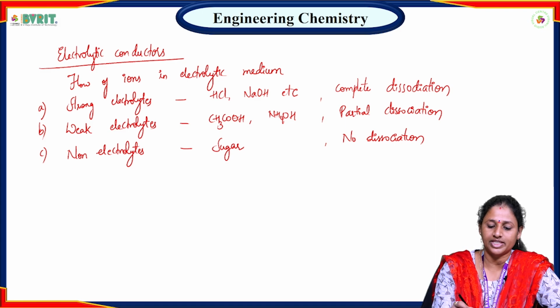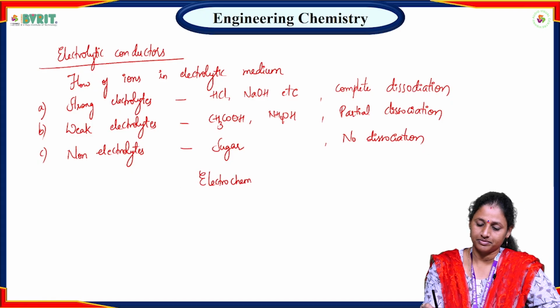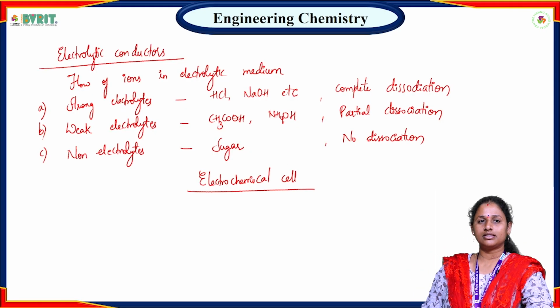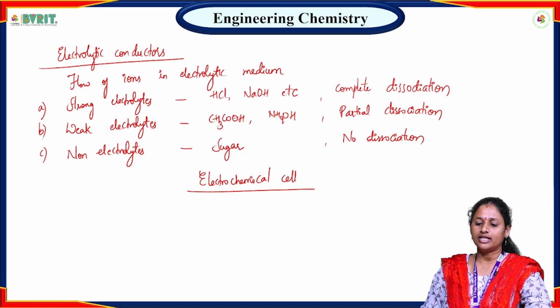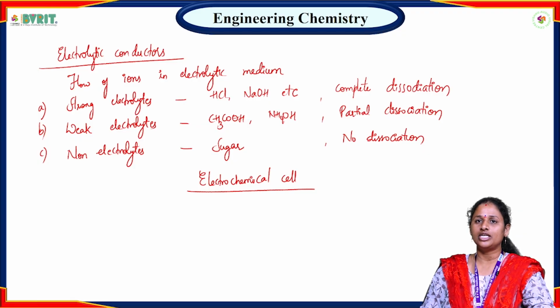As already we have seen two different types of cells. One is electrolytic cell, another one is the galvanic cell. So here the electrochemical cell is the device which converts chemical energy into electrical energy.